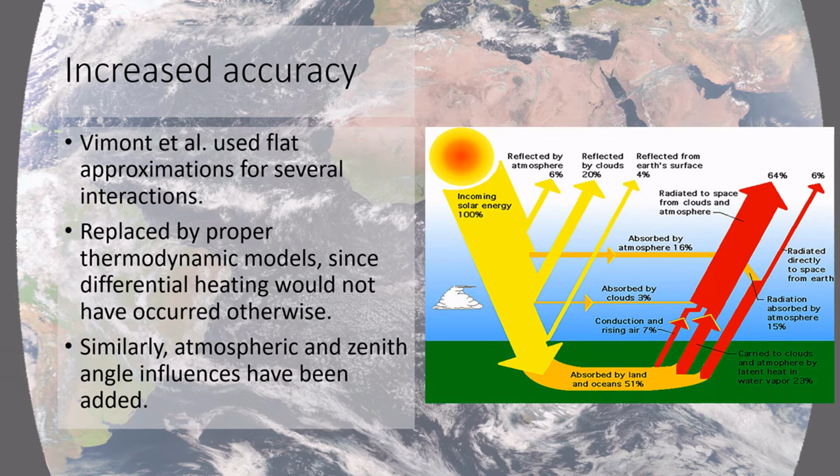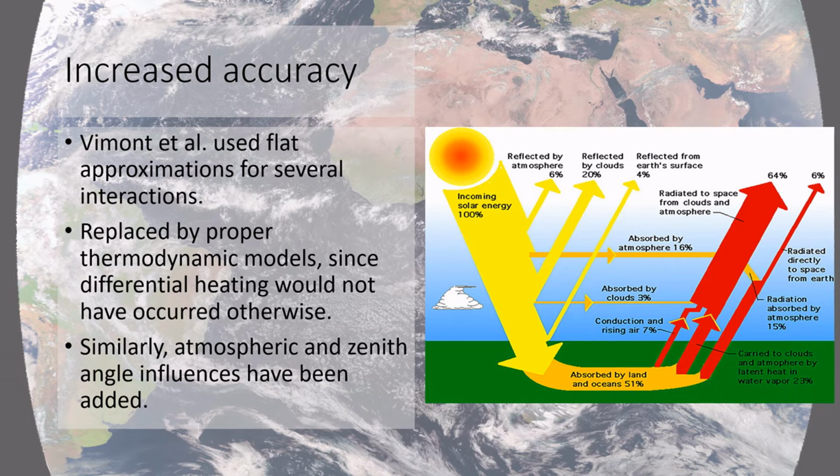So Vimont et al. used several flat approximations for interactions, especially to do with thermodynamics. Sun heating the ground heating the air, and so on. We've replaced this by proper thermodynamic models because we need differential heating, so land compared to ocean, for example, which was not present in the Skyscape system.